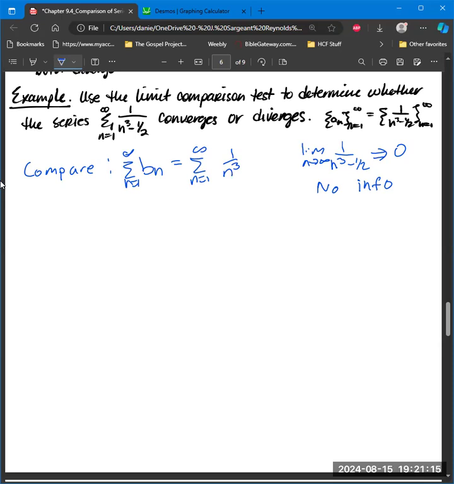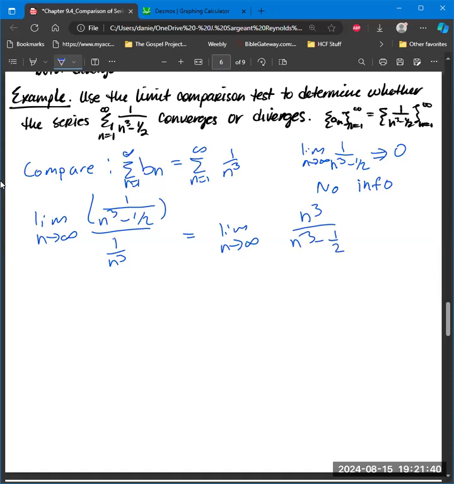So I want to find the limit as n goes to infinity of a_n over b_n, which equals the limit as n goes to infinity of n cubed over n cubed minus 1/2, times 1 over n cubed over 1 over n cubed, which is the limit as n goes to infinity of 1 over 1 minus 1 over 2n cubed. It's 1 over 1 minus 0. 1 over 1 is 1.